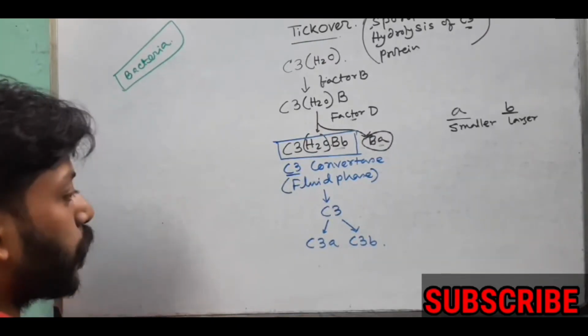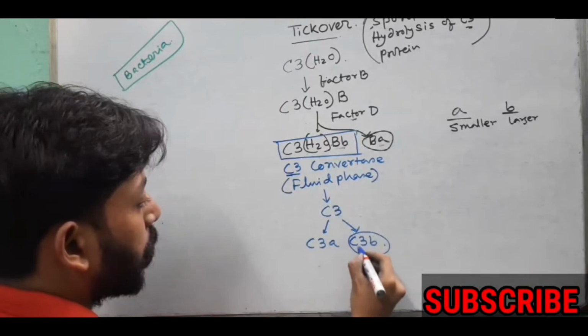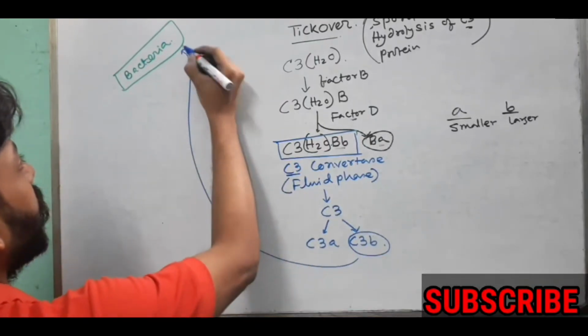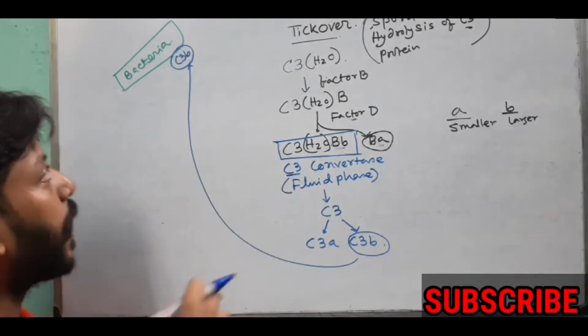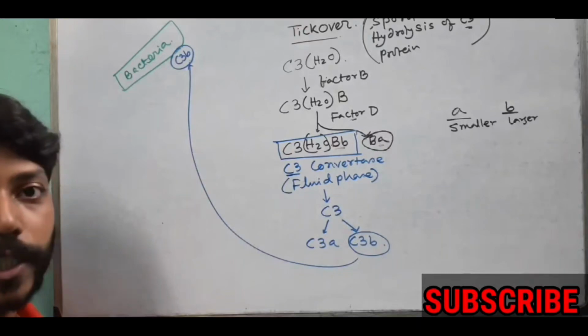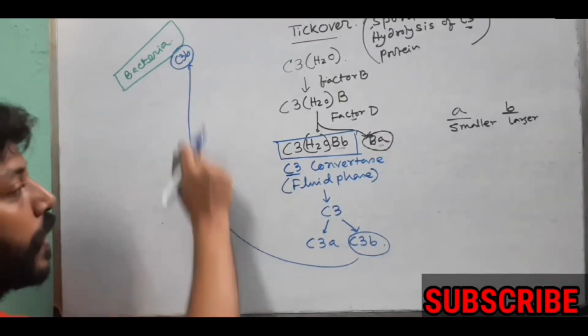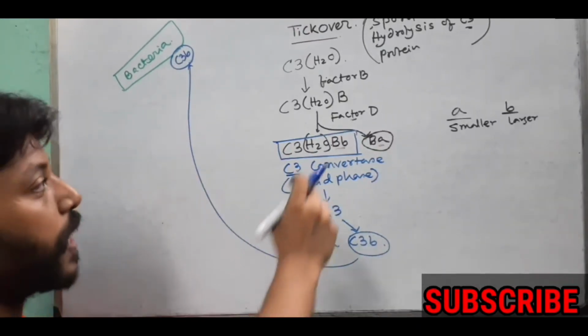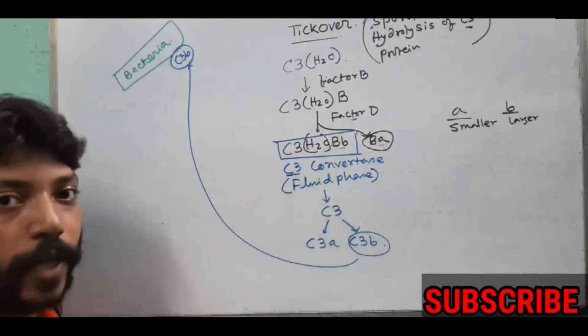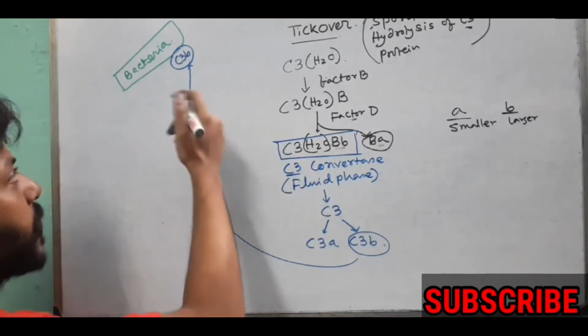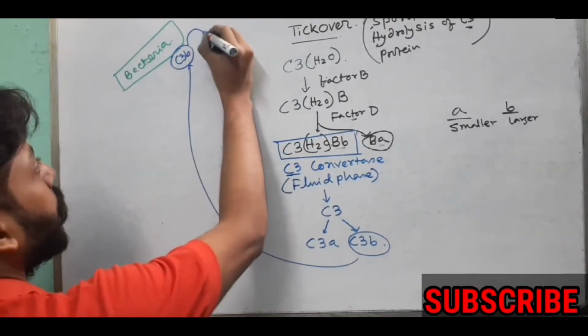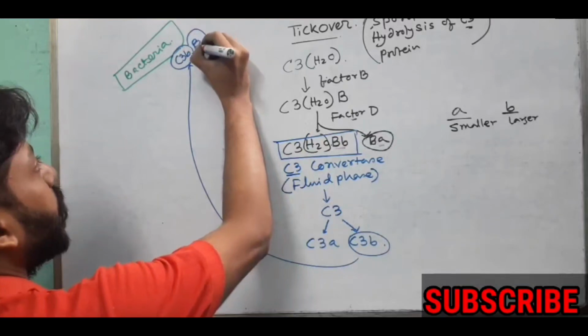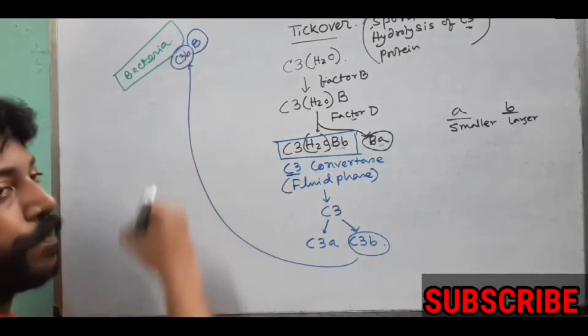This C3b protein gets attached to the bacteria, and now the factor B protein can also bind with C3b. As I have mentioned, the factor B protein can bind with C3 H2O, meaning hydrolyzed C3 protein. The factor B protein can also bind with C3b that is attached to the bacteria.